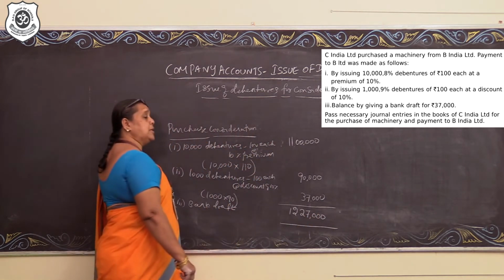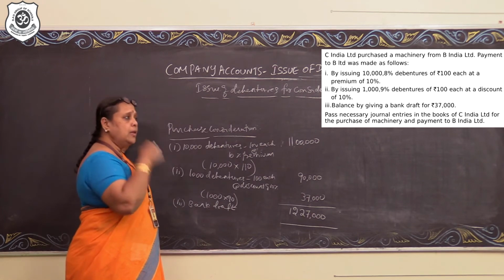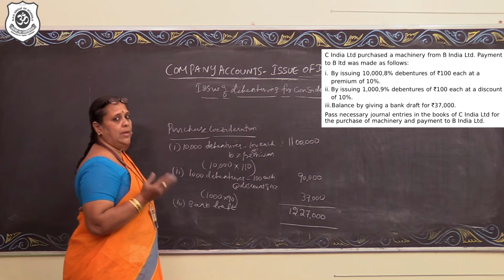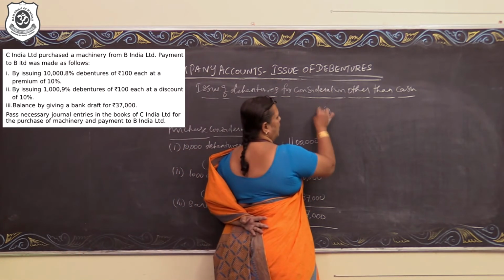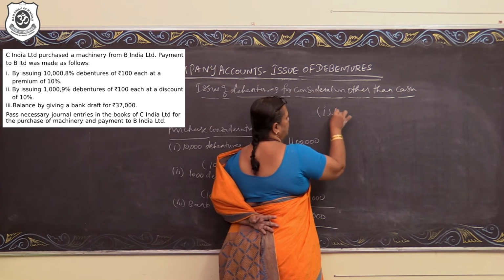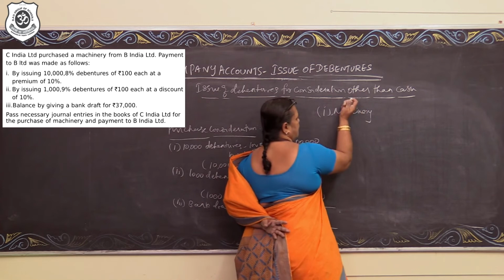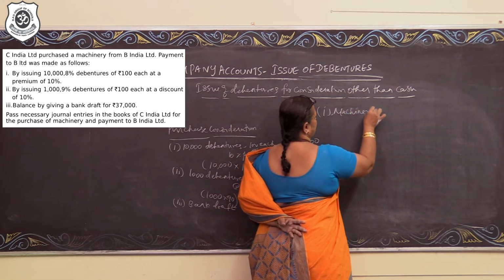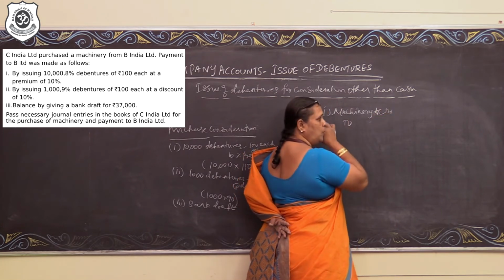So, we should first go for purchase of asset as a first entry, then go for issue of debentures and bank draft. We should be very careful about that. So, now coming to journal entries, entry number 1 will be machinery account debit, machinery account debit to vendor account.